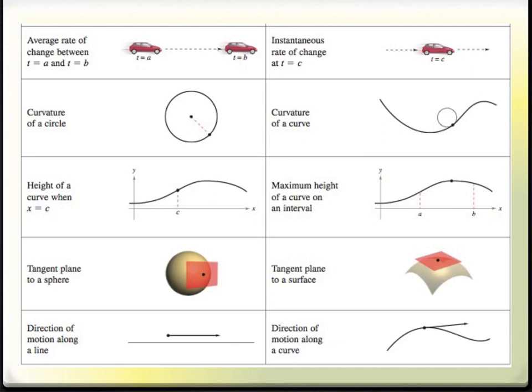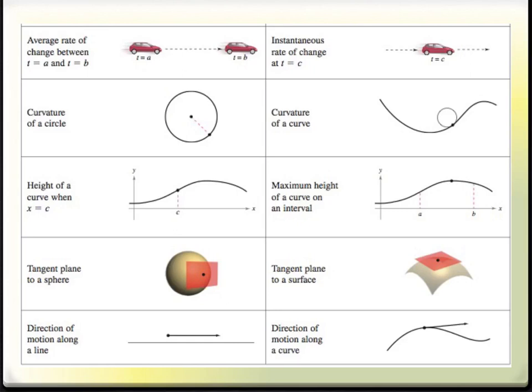You can figure out how far you drove, how long it took you, and your average speed. That's a pre-calculus concept. With calculus, we can find the instantaneous rate of change. Instantaneous means what your speedometer would actually say at any given point in time. It's the right now. Okay, that's instantaneous. So without actually being in a car physically, we can do that with mathematics as well, with calculus.